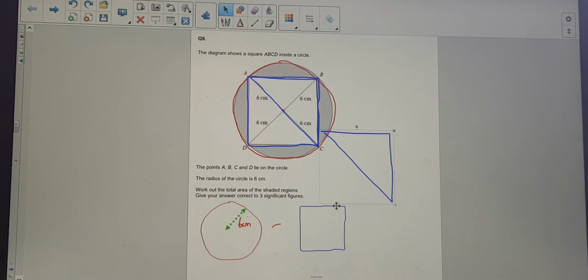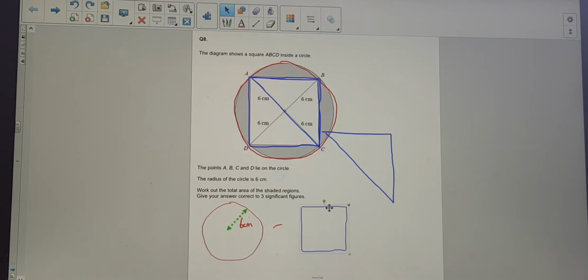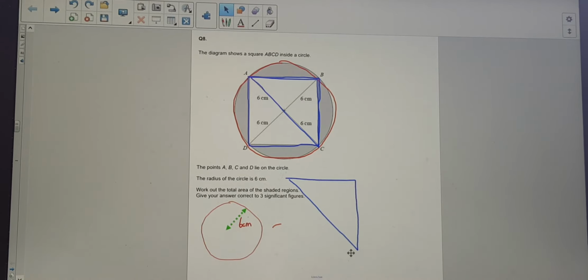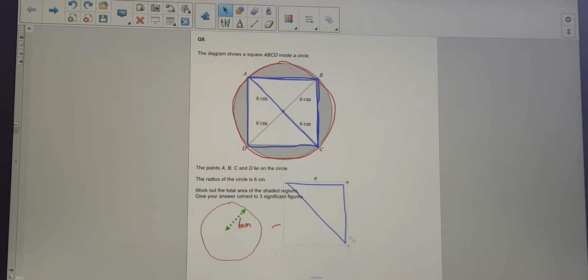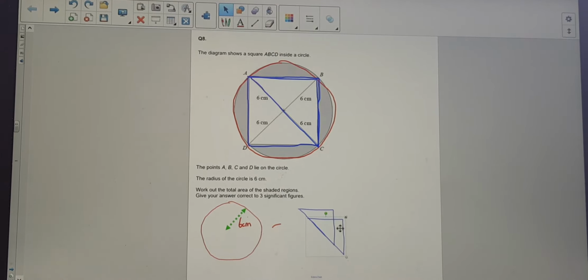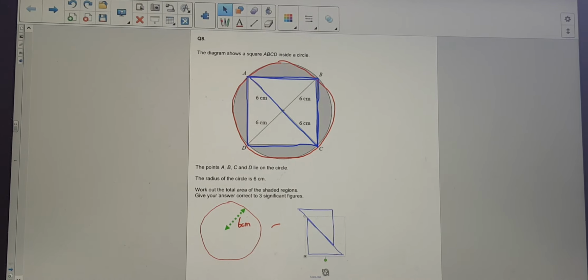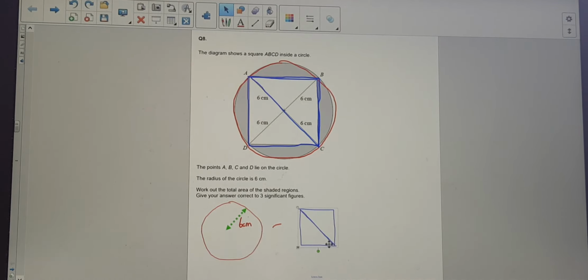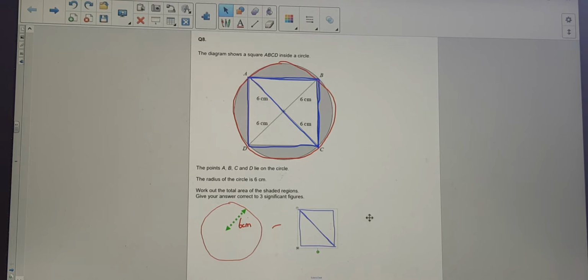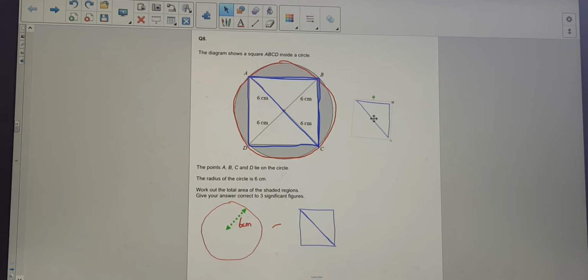Okay, so instead of drawing it like that, I'm just going to draw it as 2 identical triangles, just to show that that has exactly the same area as that square. And the reason I'm doing that is because, well, how do I work out the area of a triangle?